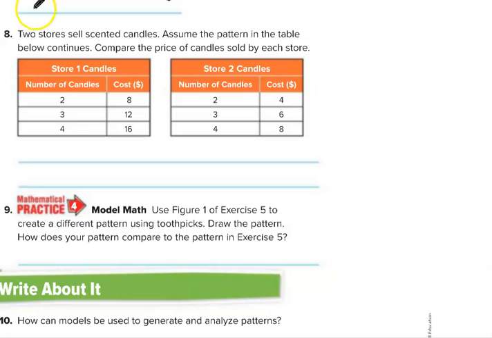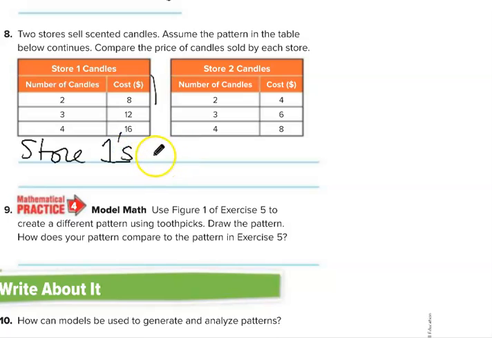Number 8. 2 stores sell scented candles. Assume the pattern in the table below continues. Compare the price of candles sold by each store. So if they continue, we need to compare the price sold by each store. So all we're doing is comparing this column to this column, because I can see here they have these rows the same. So we have 8 to 4, 12 to 6, and 16 to 8. So we can see here that store 1 is pretty much the same as number 7.